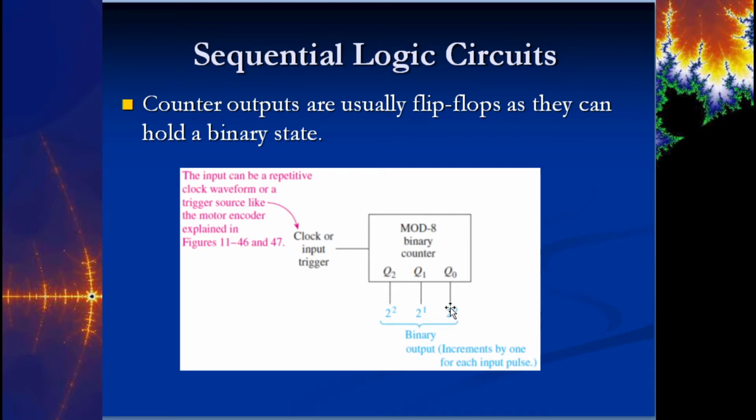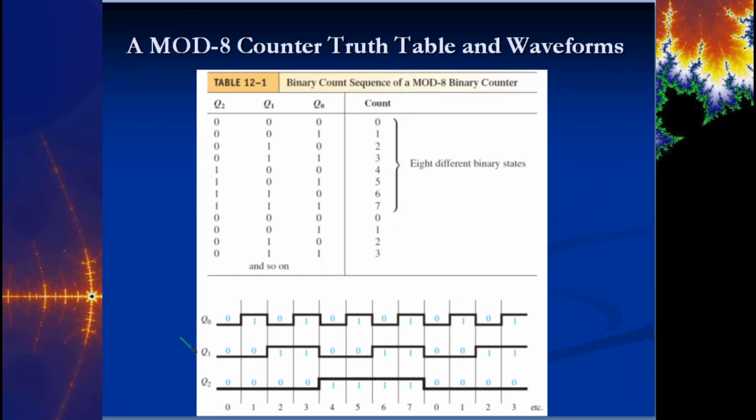Internally, you have the least significant bit, the second most significant bit, and the most significant bit. This is the one that's going to change most often, the one that's directly connected to the clock. So Q0 is going to change most often because that's the first one in line. The output of this Q becomes the clock input of the next flip-flop.